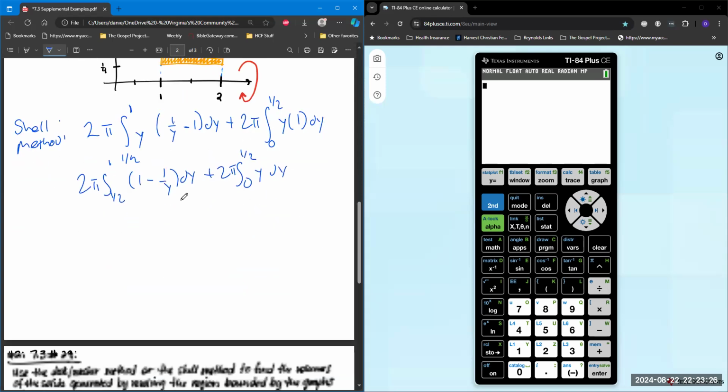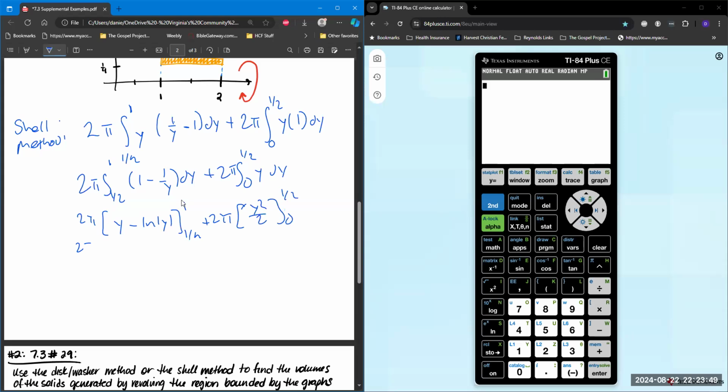So this is 2 pi times y minus ln of the absolute value of y from 1/2 to 1, plus 2 pi times y squared over 2 from 0 to 1/2.